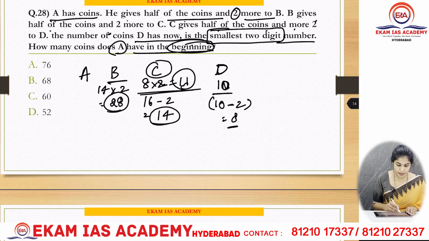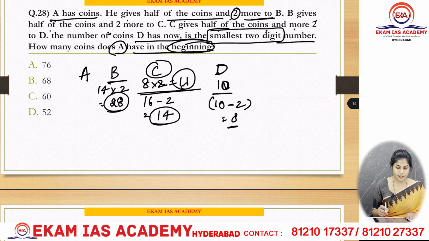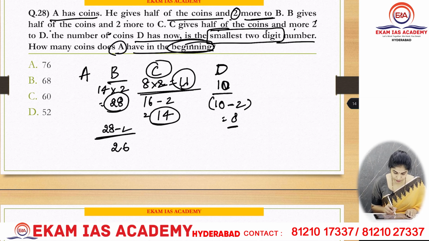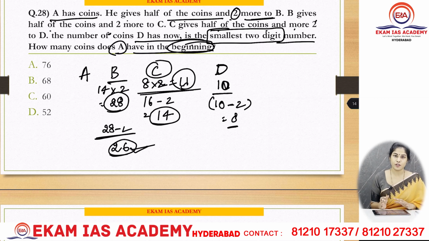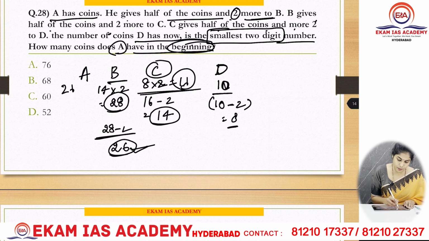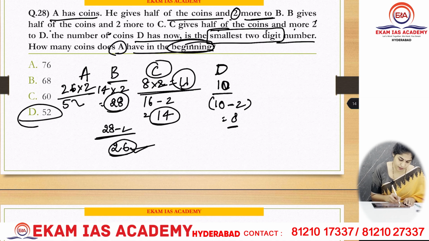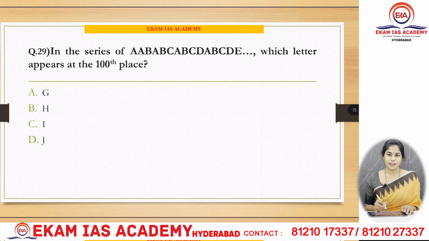A has given half of the coins and 2 more to B. So I am deleting 2 more from B also, which results in 26. These are the half of the coins which A has given to B. So A must have double the coins, 26 into 2, which is 52, right? The answer is D. So let's go to the next question.